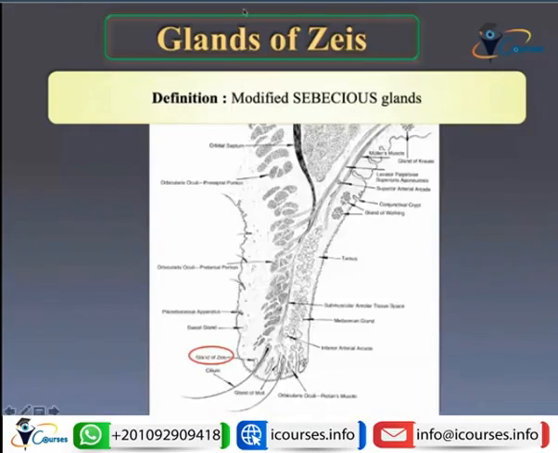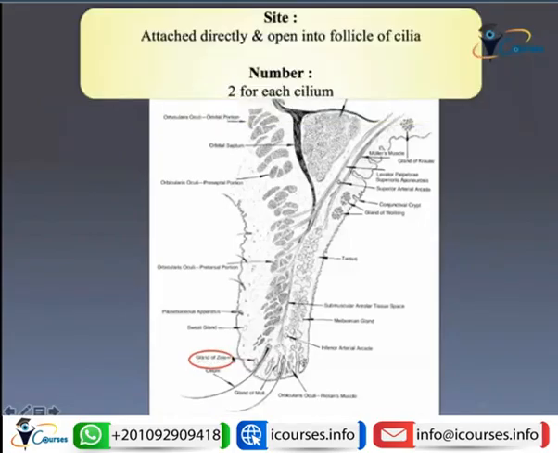Finally, we have the glands of Zeiss, which are again modified sebaceous glands. They produce sebaceous secretions like that of meibomian glands, but they are related to hair follicles. We have 2 glands of Zeiss in relation to each hair follicle that open directly into the hair follicle.